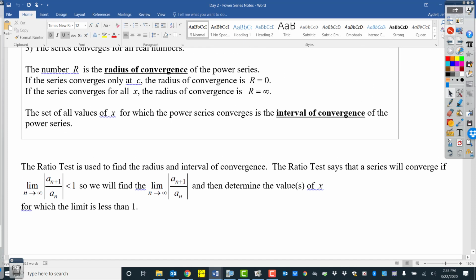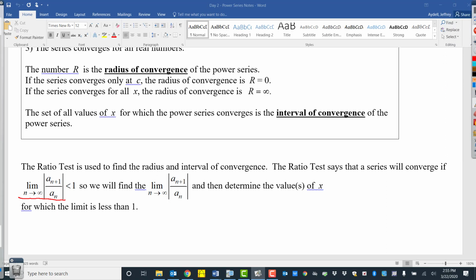So the ratio test says that the series will converge if this limit right here is less than 1. So we'll find what this limit is and determine what values of x we can use for that, because we'll have an x inside of this little ratio there.